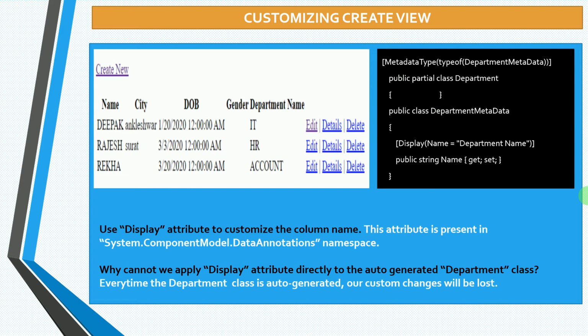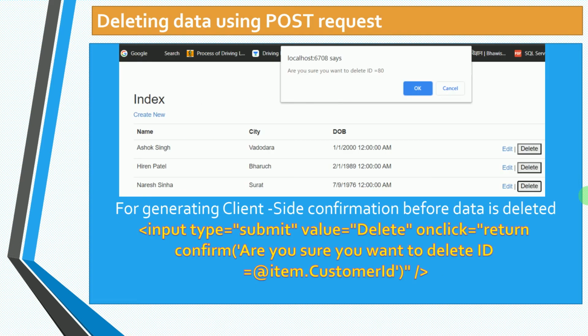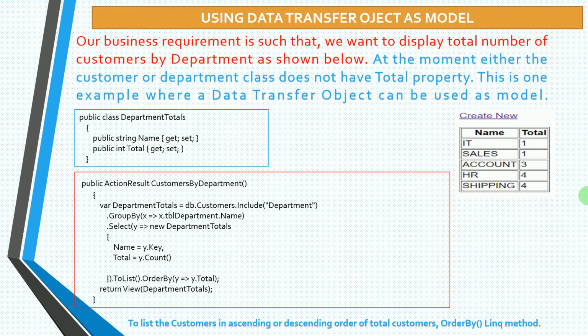For that we will create one class and add a method in the controller. We want to generate this type of report: departments and their total customer counts.